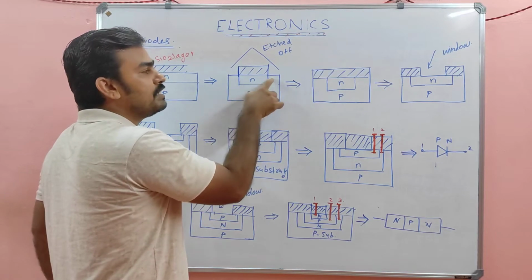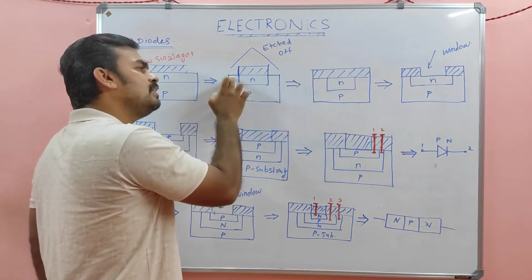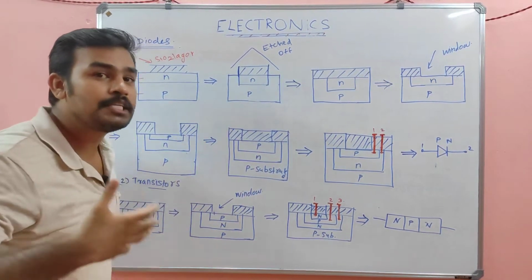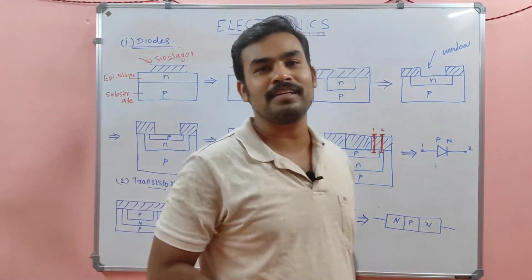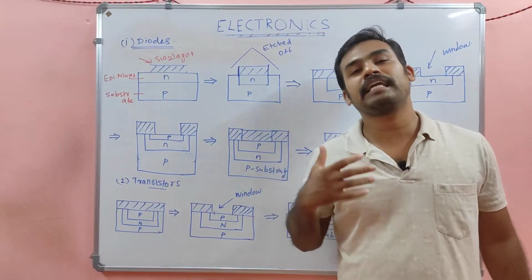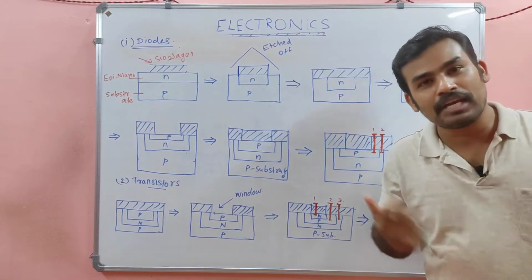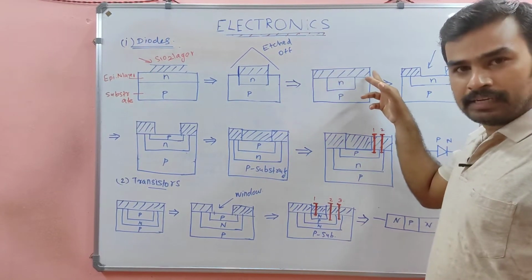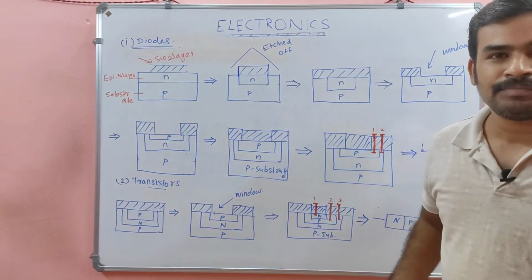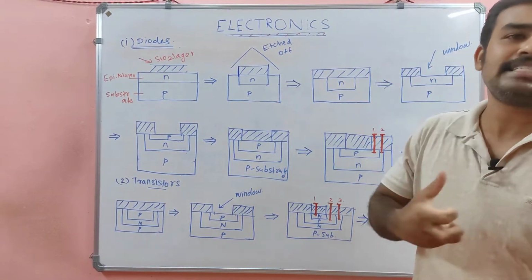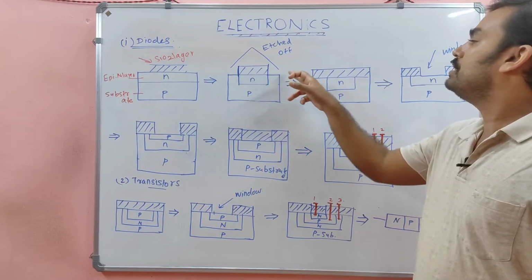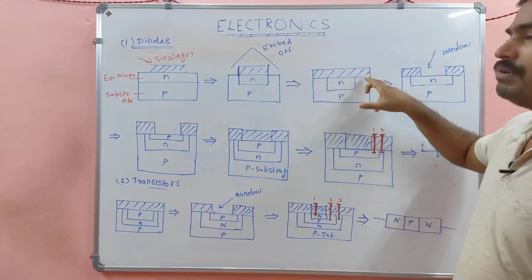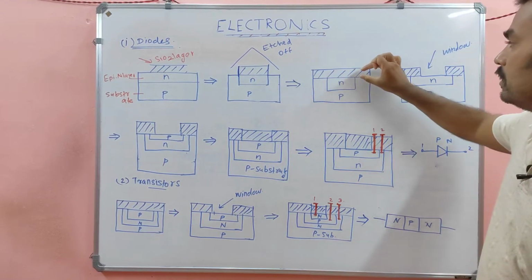After we injected some trivalent impurity and made the complete region P, the remaining portion is still exposed to sunlight, still exposed to moisture, still there will be a chance of contamination. So what we have to do? We have to completely pack this region again with SiO2 layer. For that we simply forcefully add some oxygen on the surface, which will form SiO2 layer, that's all. So again we packed the whole thing with SiO2 layer, completely.